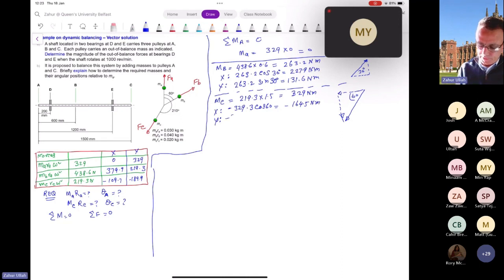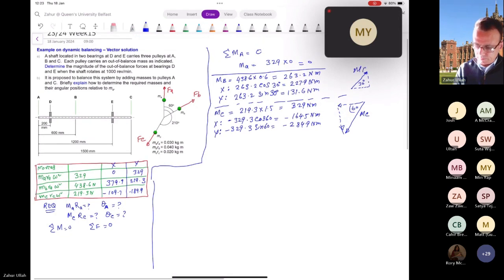And the Y will be 329.3 sine 60, which is minus 284.9 Newton meter. As you can see, both X and Y components are negative because it's in this direction. So this is our MC, and this was our MB. Okay, so you managed to calculate the X and Y components of B and C, which are given here.